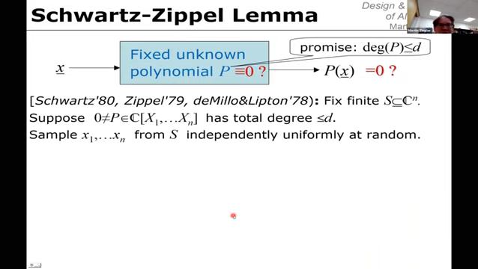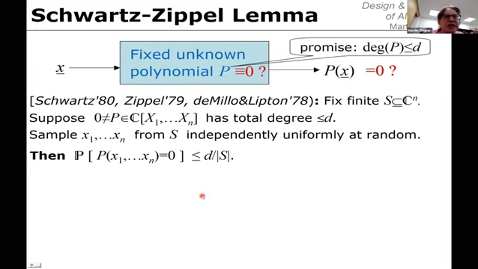But the Schwartz-Zippel lemma takes a slightly restricted approach: we're not sampling one n-tuple, but we're sampling the components of this n-tuple individually. We're sampling x1 from S, then we're sampling x2 from the same set S. So S is actually a one-dimensional set, and we're sampling individual components of this vector from this set, independently and uniformly at random. Okay, good. So that's the claim of the Schwartz-Zippel lemma.